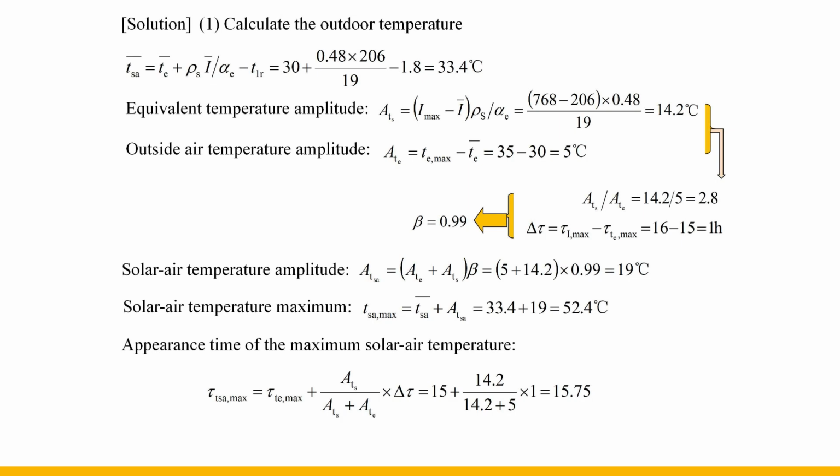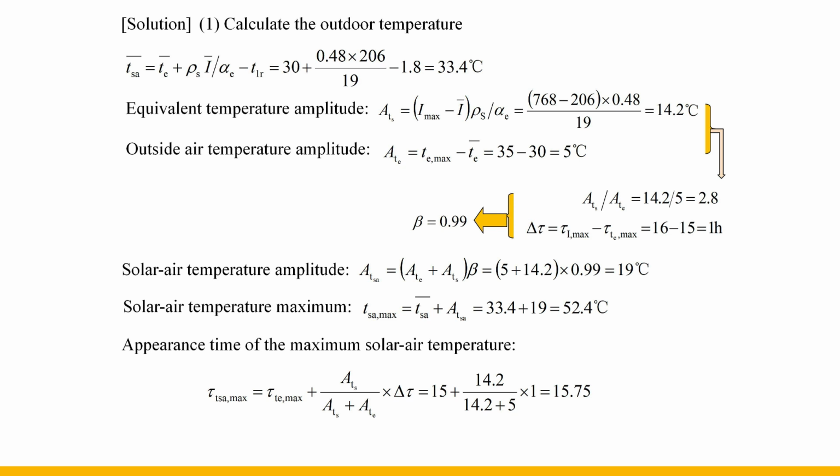The first step, calculate outdoor solar air temperature. The average outdoor temperature of 30 degrees Celsius, external surface solar radiation absorption coefficient of 0.48, external surface heat transfer coefficient of 19, average solar radiation intensity of 206, and external wall long wave radiation temperature of 1.8 degrees Celsius are substituted into the calculation formula of outdoor average solar air temperature, and the outdoor average solar air temperature is 33.4 degrees Celsius.